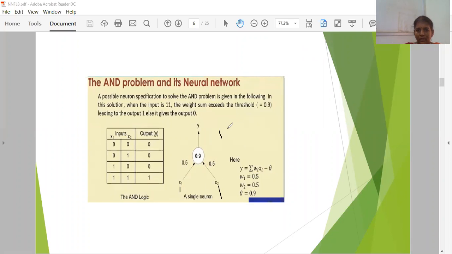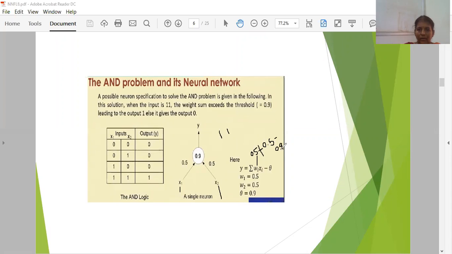So this weighted sum will be equal to 0.5 into 1 plus 0.5 into 1, which is 0.5 plus 0.5, which is greater than 0.9.